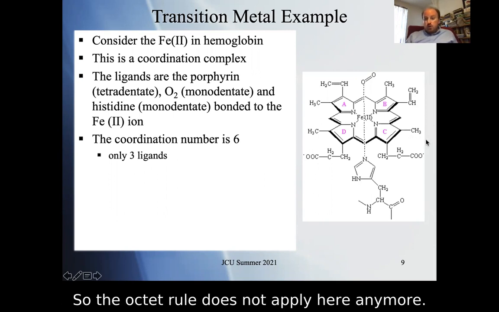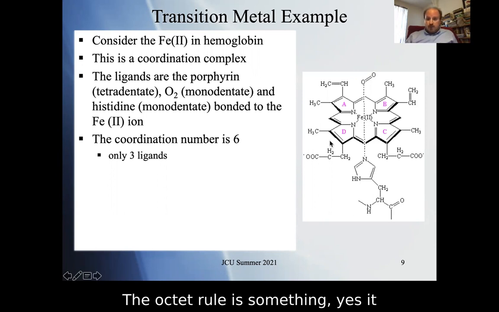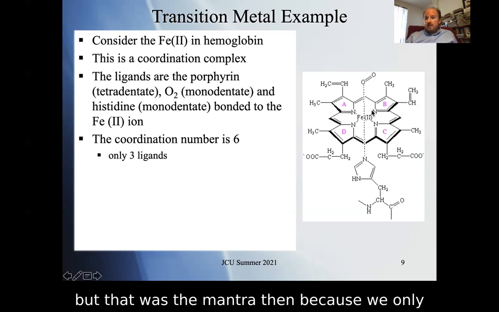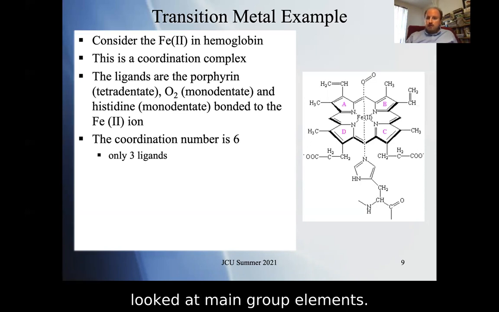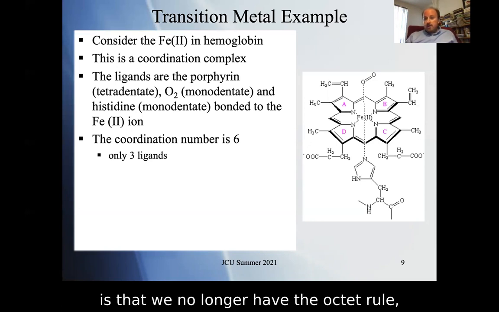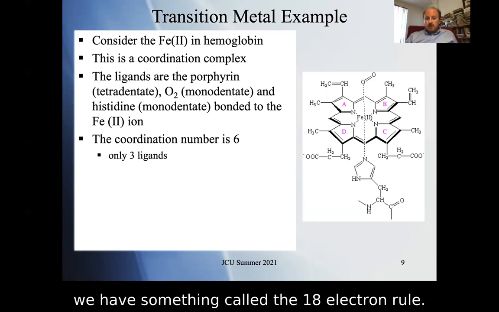There's a question. So the octet rule does not apply here anymore, right? The octet rule was our mantra in the Lewis structure activity, but that was because we only looked at main group elements. The difference when we go to the d block is that we no longer have the octet rule. We have something called the 18 electron rule.